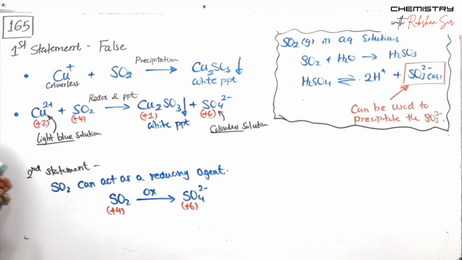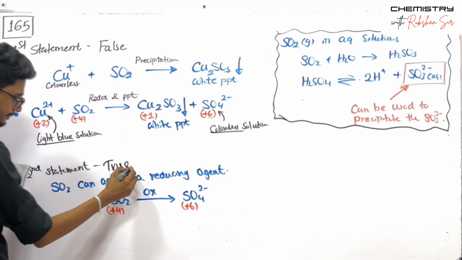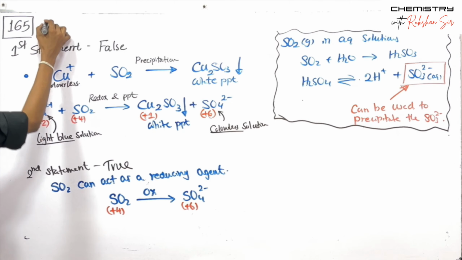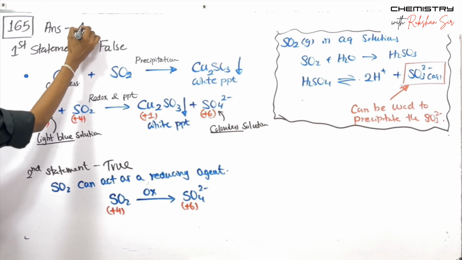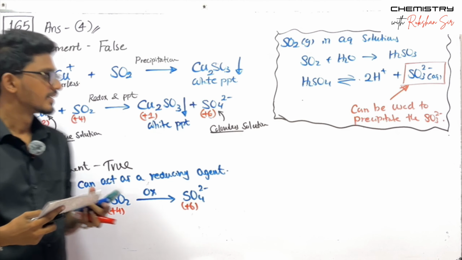So SO2 can act as a reducing agent. The statement is true. So false, true means the answer should be answer number 4. Right? So that is the review for the last question.